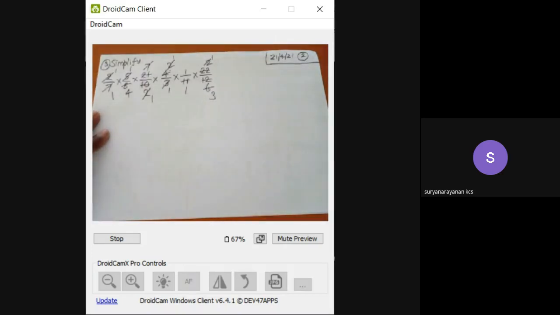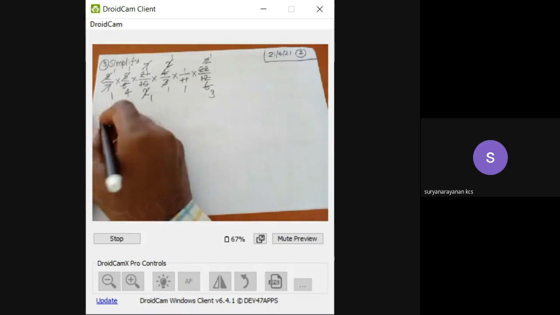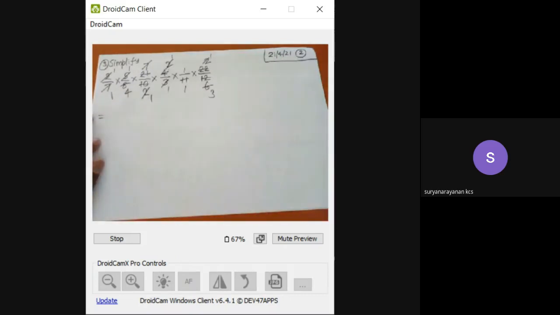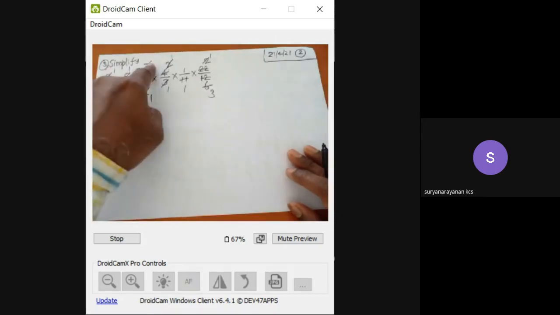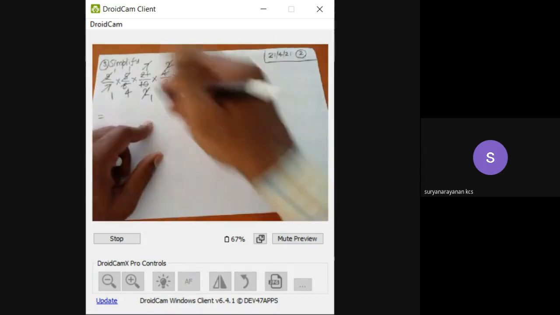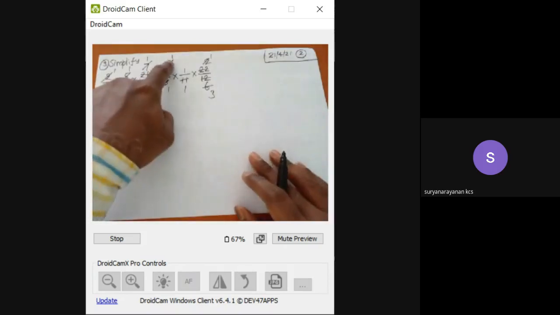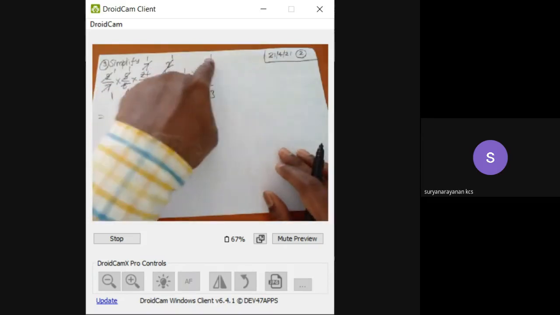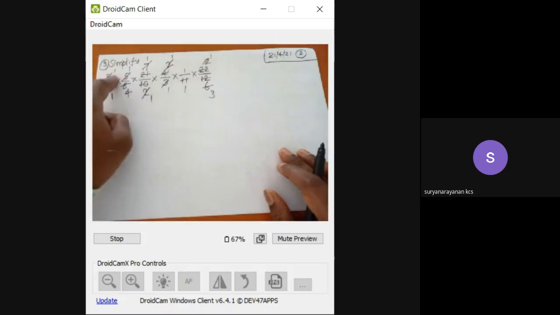Any cancellation possible here? In the numerator, what are the numbers left here? See, here we got 1, here we got 1, here also we got 1. In the numerator, here also we got 1, here also 1, here also 1.